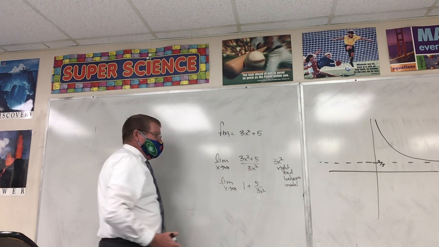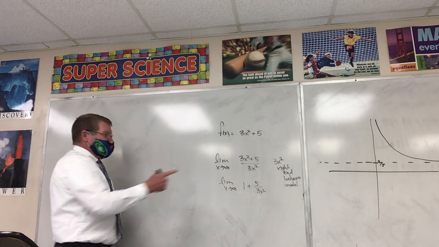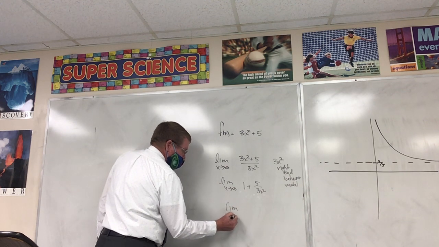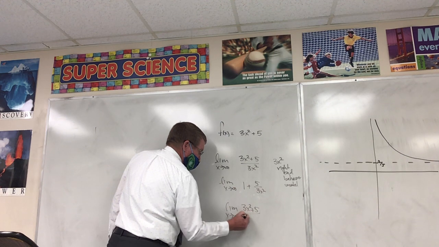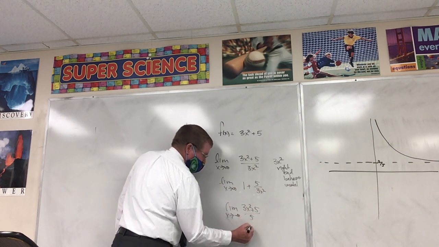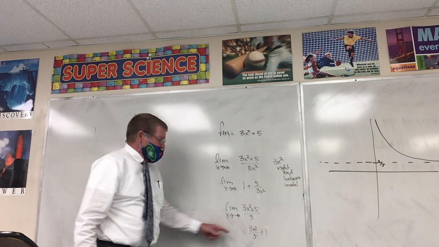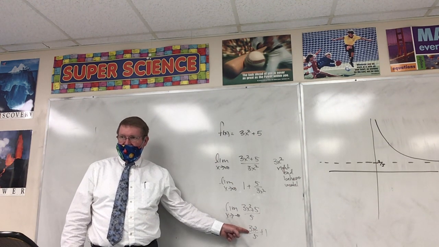It would be the same way if I had it the other direction. I couldn't say 5, because now that is going to be 3x squared over 5 plus 1. What happens to 3x squared over 5 as x gets bigger and bigger and bigger?